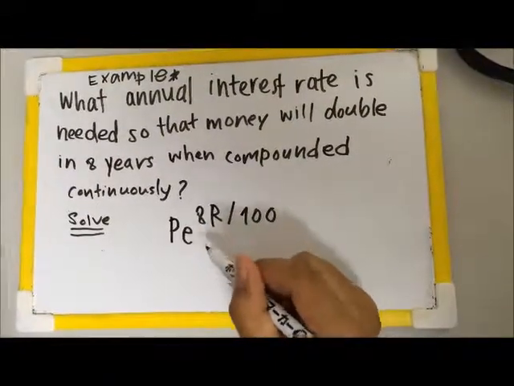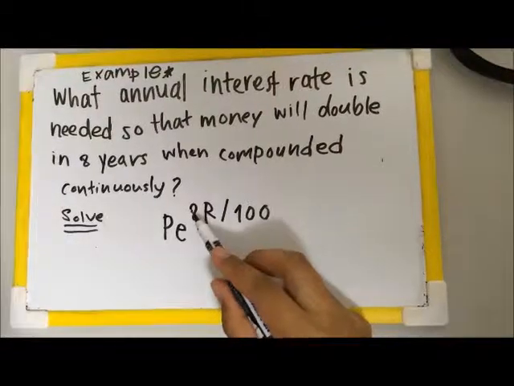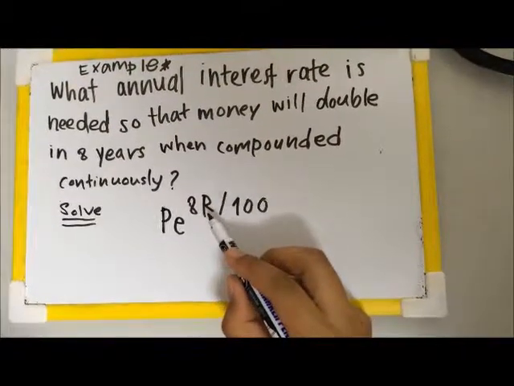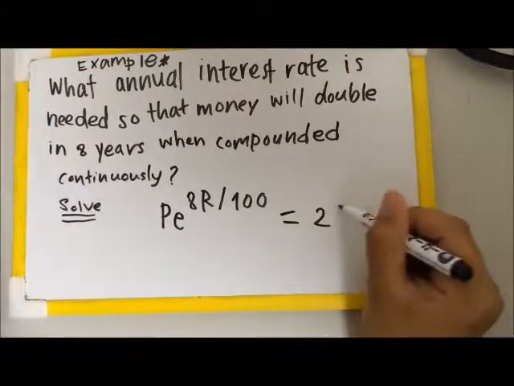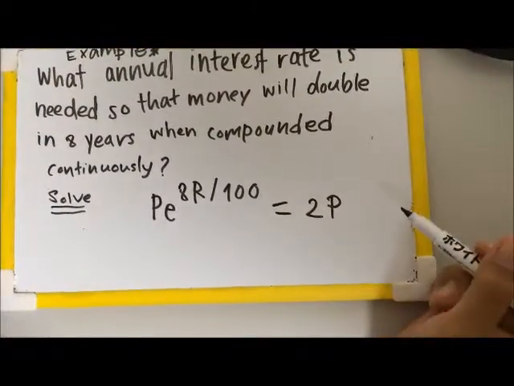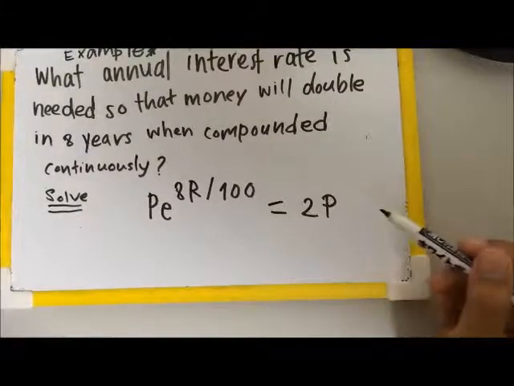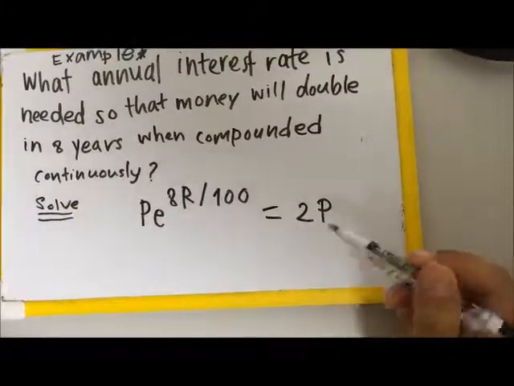P times e to the power 8 times r over 100 will be equal to 2P, because we want to make it equal twice the initial amount, right?